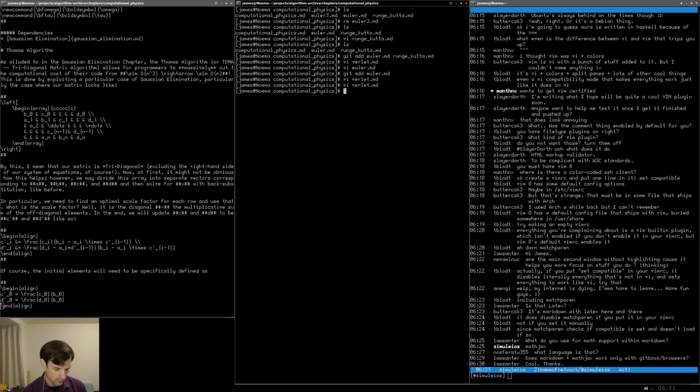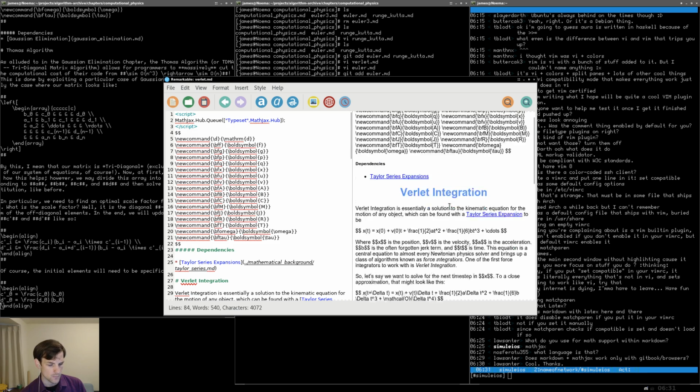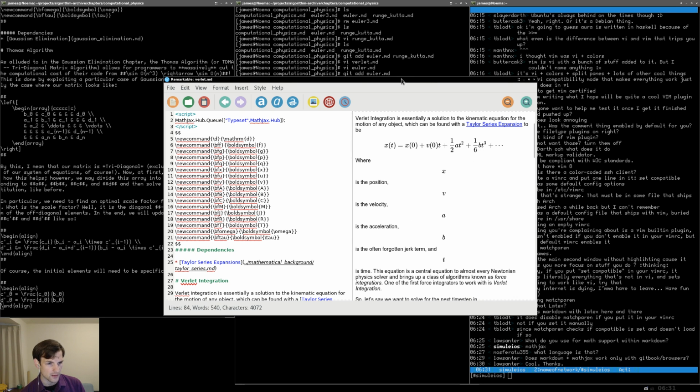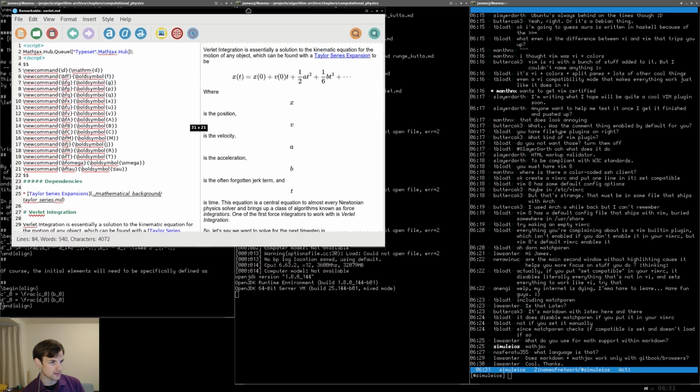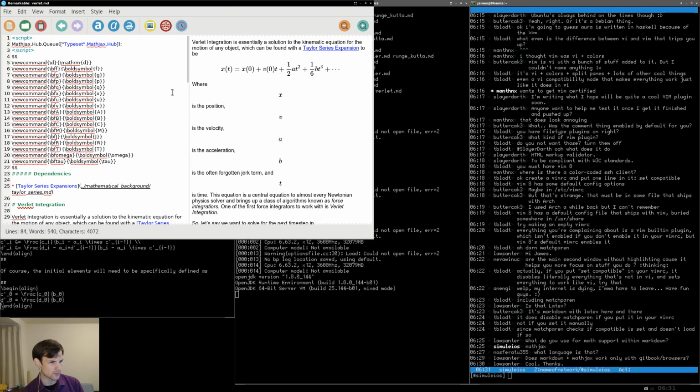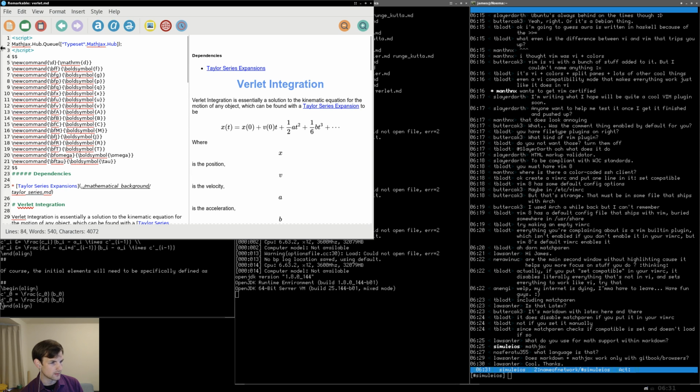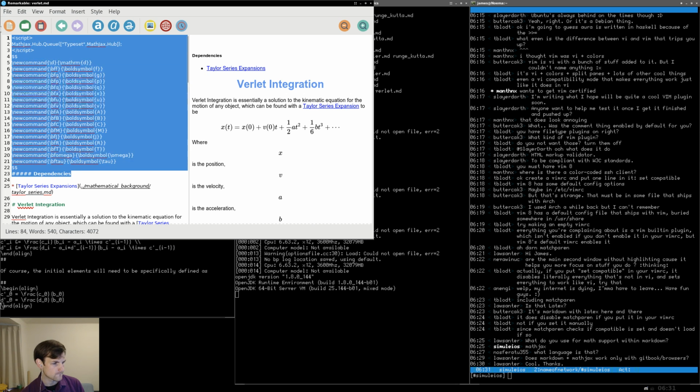Okay, let's see what happens if we open this up in a text editor. So we're going to do remarkable verlet.md. Okay, seems to me that it's working for some reason, but I'm not exactly sure why. So it's working as you would naturally expect Markdown to work, right? So let me just remove this and see what happens.